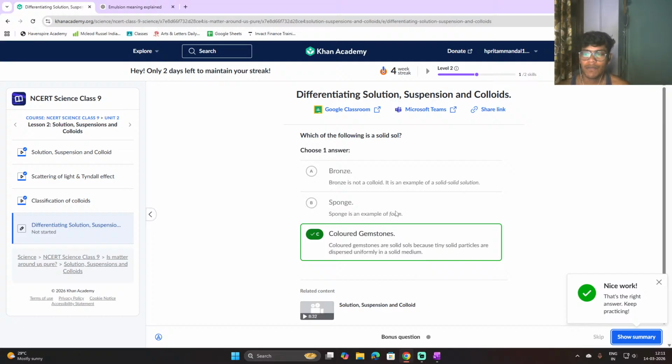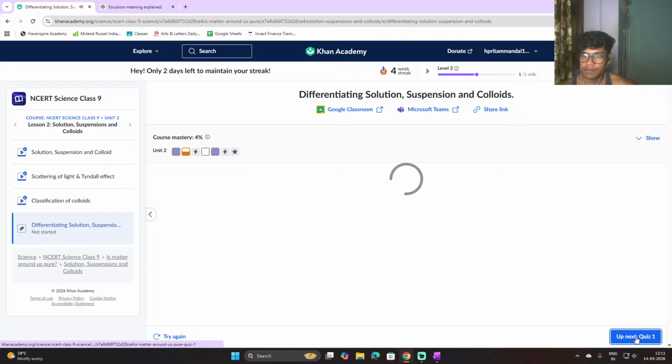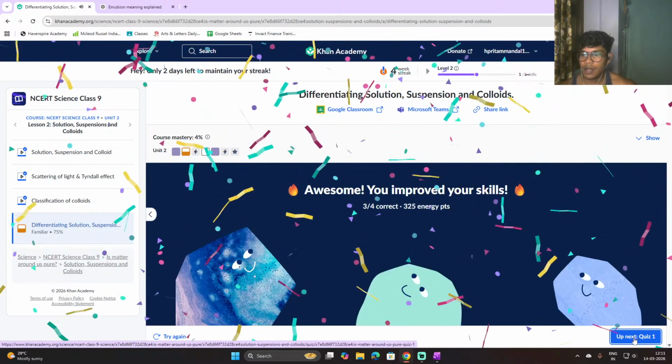Sponge is an example of foam. Okay, bronze is not a colloid. It is an example of a solid solution. Colored gemstones are solid sols because tiny solid particles are dispersed uniformly in a solid medium. Okay, so these are correct.